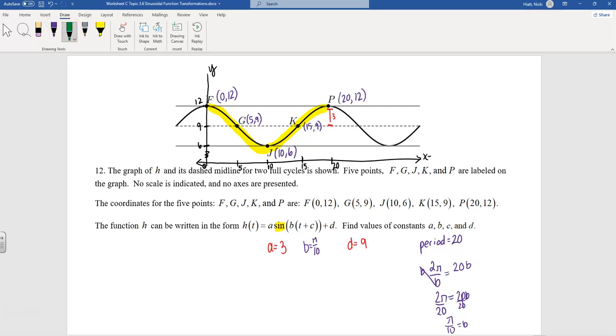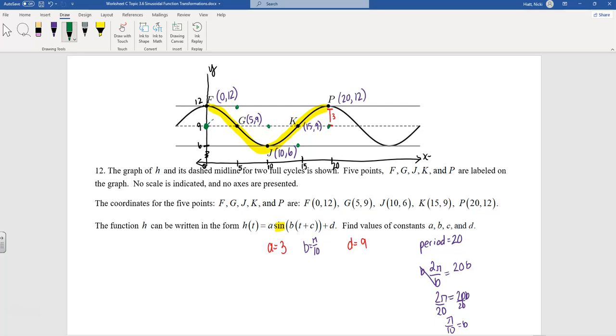And the last part, we have to think about how we have to shift this. Sine typically has a y-intercept at the midline, then goes to a maximum point, back to the midline, minimum point, back to the midline.